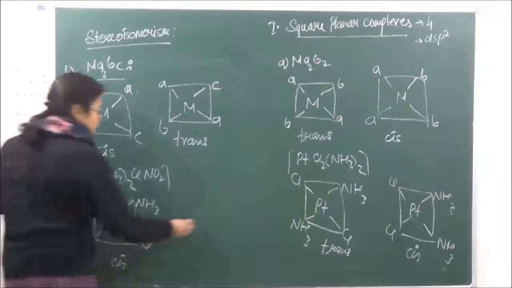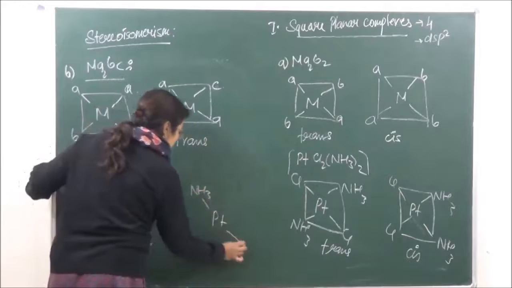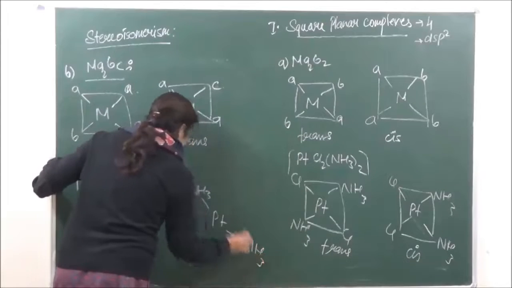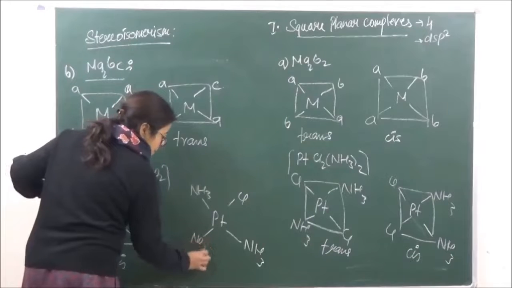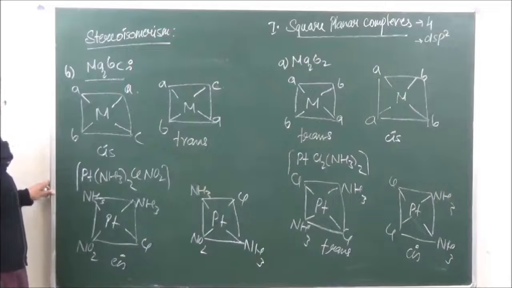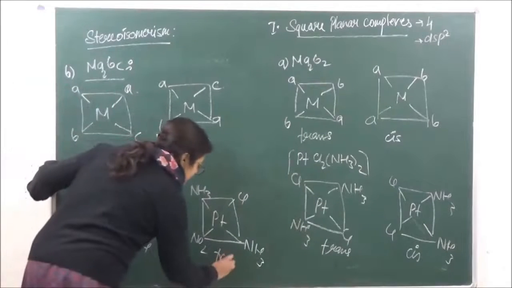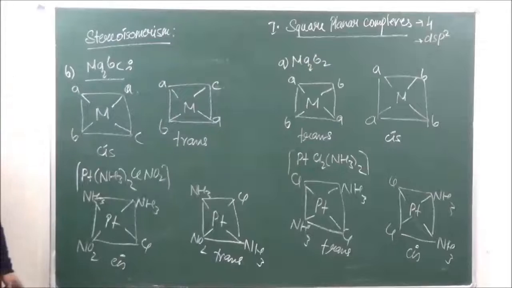And if they are at opposite positions, right, then this is going to be known as trans. Okay, so cis is adjacent and trans is opposite.